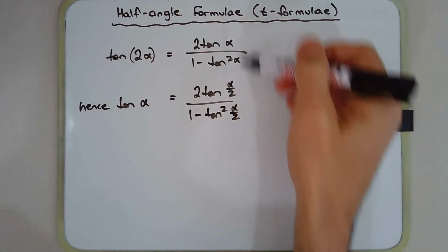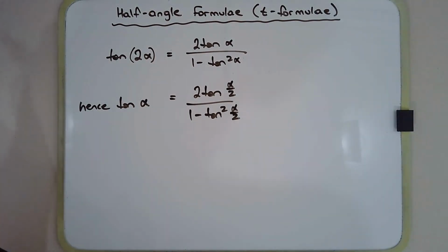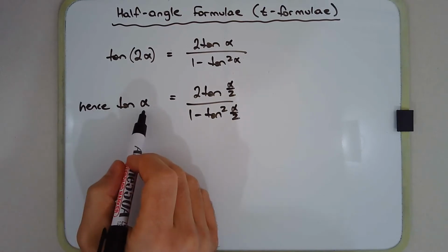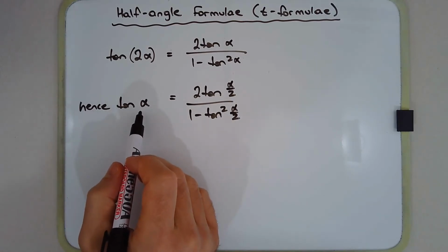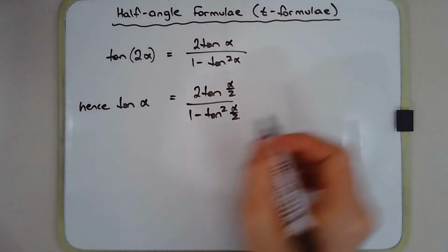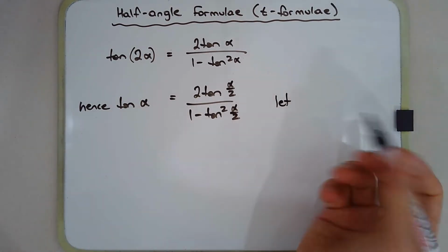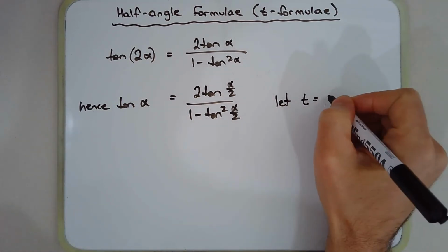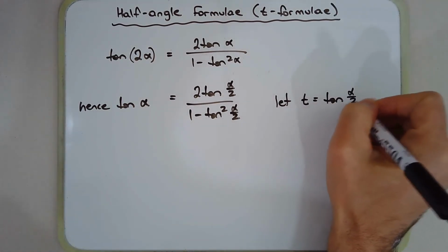So technically speaking, both of these formulas are in fact identical. It's the double angle formula, but it's expressed a little bit differently. Instead of explicitly showing the double angle, we're just showing the angle on its own, and then in terms of the half angle. So to make it a little bit easier to write this algebraically, we're going to let t equal tan alpha on 2.